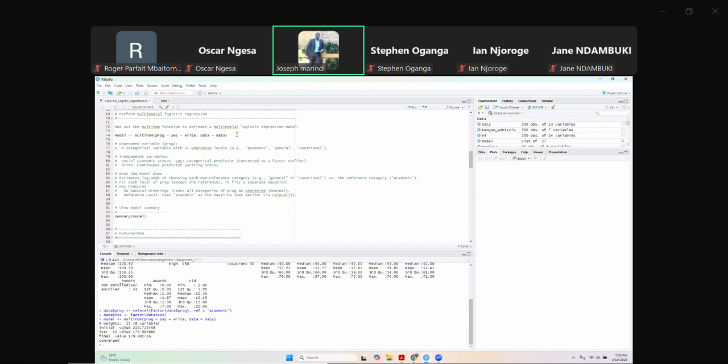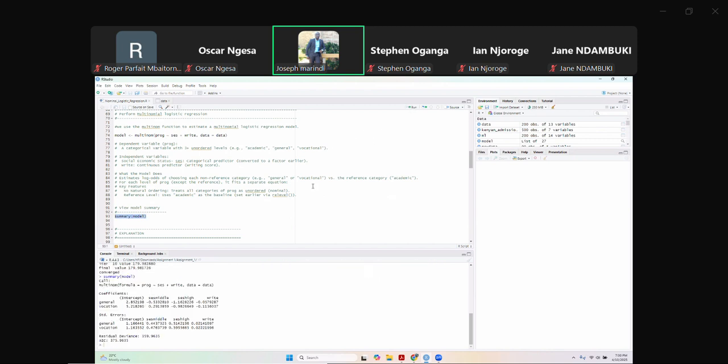Once we've run these, we are running the model. And now we want to see the result of the model down here by running the summary of the model.